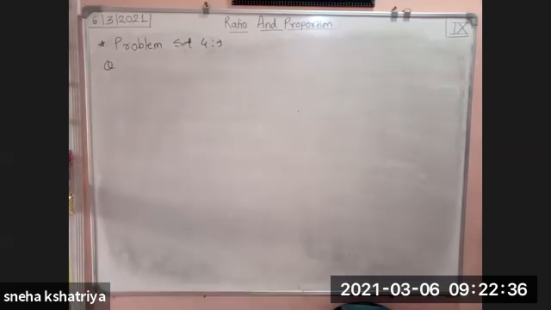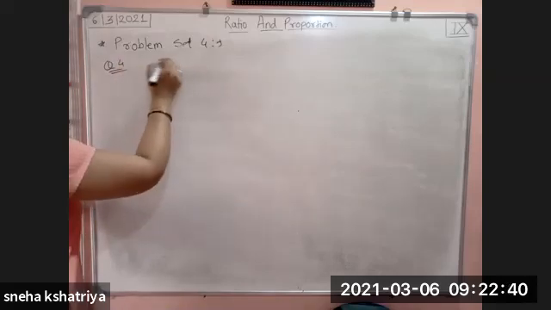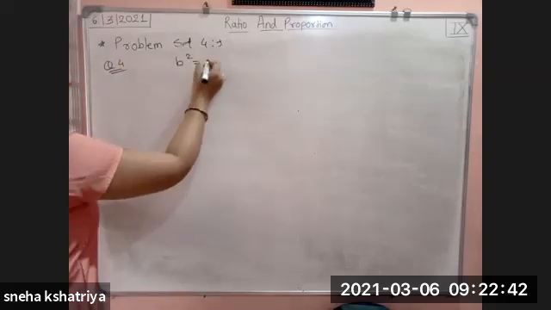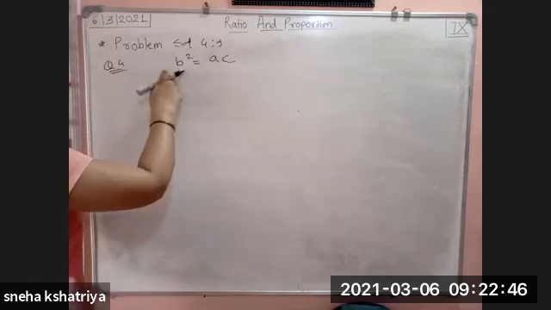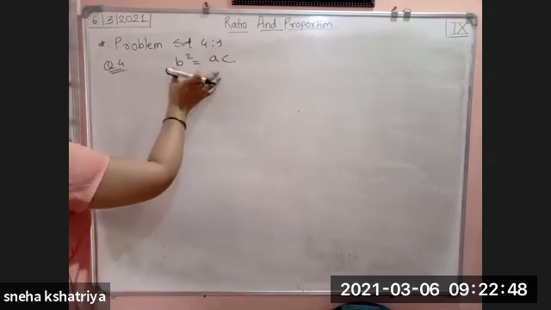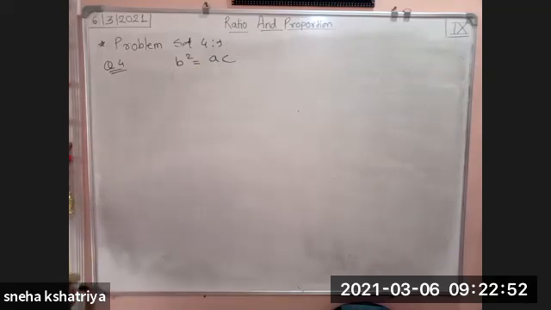B is your mean proportional and the equation is B square is equal to AC. If the B square value and the A into C value are the same, then we can say that they are in continued proportion.